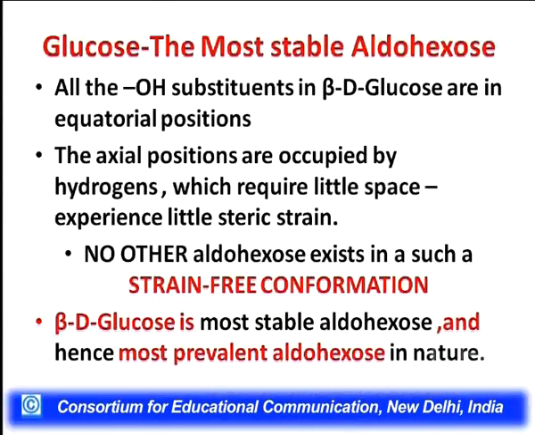Now we know that glucose is the most abundant or most prevalent aldohexose in nature. Why is it so? Because glucose is the most stable aldohexose. And why is it the most stable? Because if we look into the structure of beta D glucose, all the OH substituents, which are bulky, and CH2OH, which is a bulky substituent at the 6th carbon, are present at the equatorial positions.